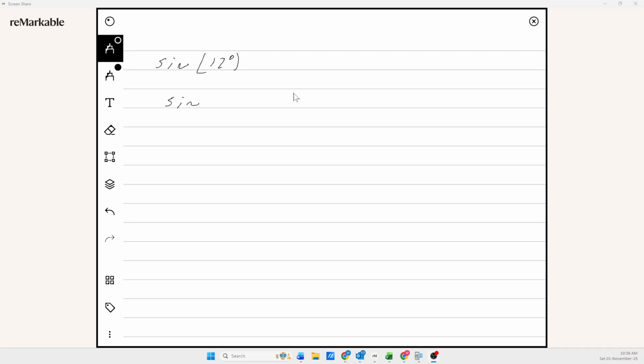Suppose I have the sine of 12x plus 38, and that's equal to the cosine of negative 5x plus 24, and I need to know what these angles are. What is this angle? What is this angle? And let's do this in degrees. So I want theta in degrees here and theta in degrees here.